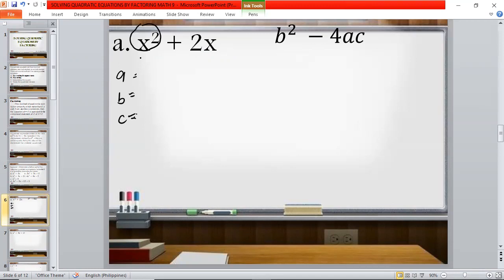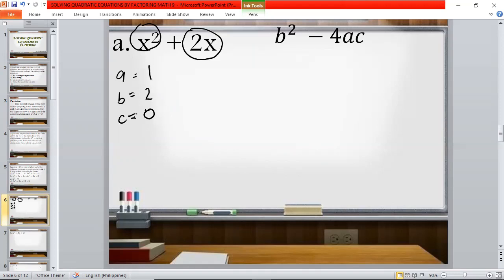The leading coefficient of x squared is 1. Very good. And the coefficient of bx, the number, is 2. And c is 0. Ma'am, why 0? Okay, 0 because wala po siyang value. Wala po tayong nakikitang C sa ating expression.